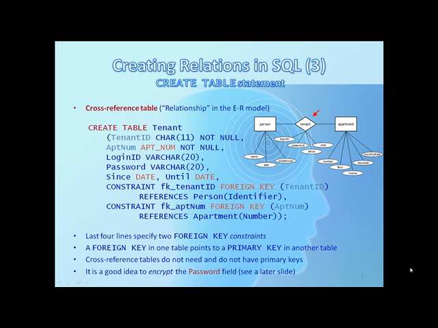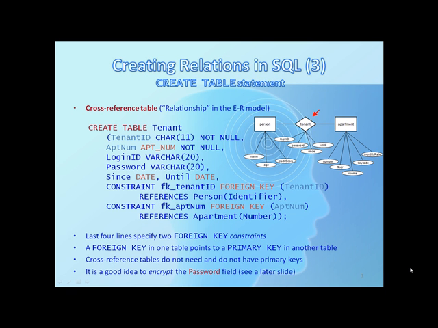Example: create table tenant with the next fields: tenant ID, char 11, not null; upNum, not null; login ID, varchar 20; password, varchar 20; since, date; until, date; constraint fk_tenantID foreign key tenantID references person identifier; constraint fk_upNum foreign key upNum references apartment number.